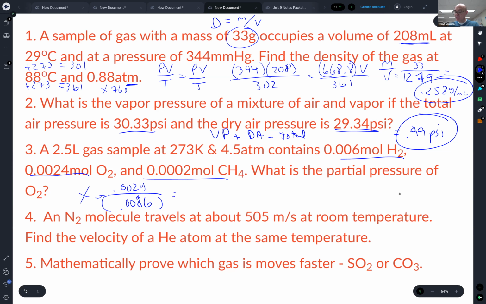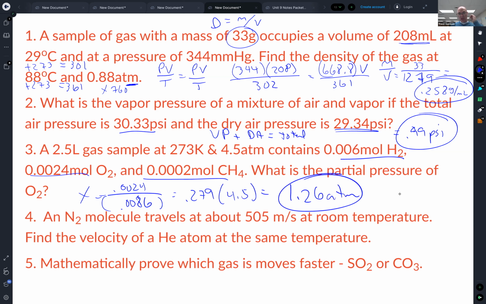That's not my answer, but that is a mole ratio. That tells me the percentage, essentially, of what I need to multiply the total pressure by. So 0.279, the total pressure, it says, is 4.5 atmospheres. So it makes up 28% roughly. And I get 1.26 atmospheres for number 3.